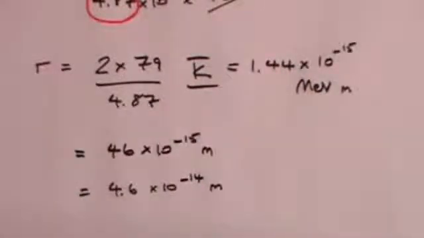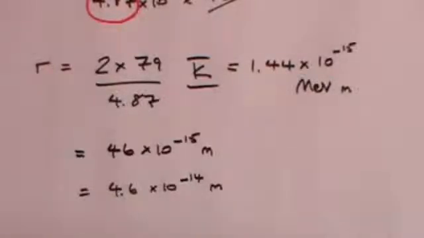Now, as I've said, that is not the radius of the nucleus. That is simply the distance of the closest approach of that alpha particle heading for the nucleus, where all the kinetic energy is converted to potential energy. It comes to a stop and then it goes back again.